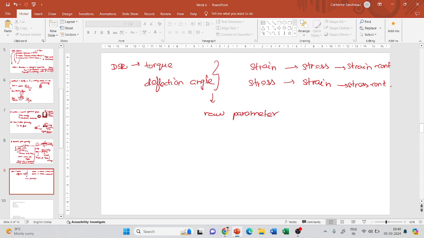Both stress and strain are computed from these raw parameters by using a few constants, which we will call a CSS constant, a CSR constant. These constants will depend on the shape of the geometry. Clear?